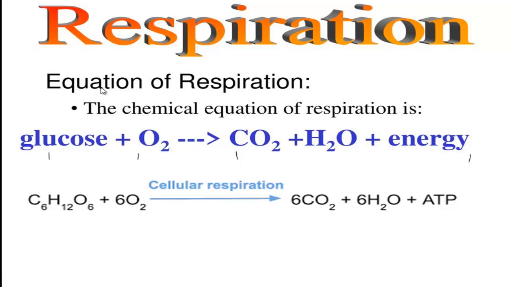So the glucose of the food reacts with oxygen and produces what? Carbon dioxide gas, water and energy. We know that this water is absorbed by our body because it builds our body, and this energy is used for doing work.